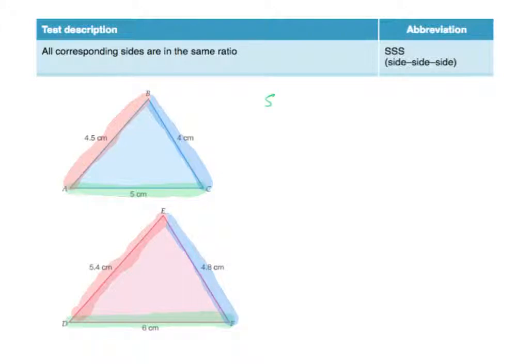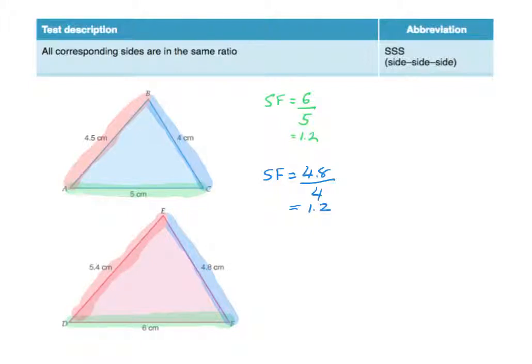So scale factor for my longest sides is going to be 6 divided by 5, which is equal to 1.2. On my smallest sides, the scale factor is going to be 4.8 divided by 4, which is equal to 1.2.